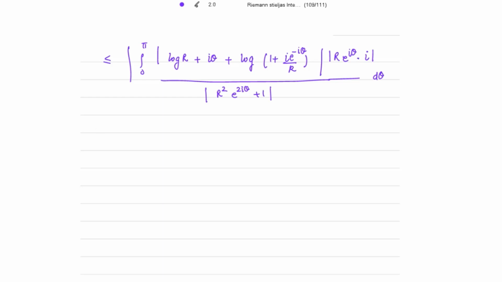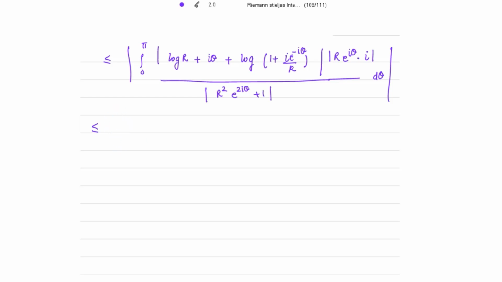Now I am going to use that mod of a plus b is less than or equal to mod of a plus mod of b, because this is also less than or equal to the separate mods, right? Now there is no mod because I'm using the formula.